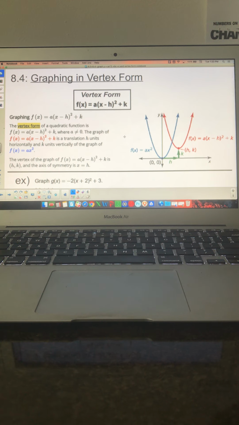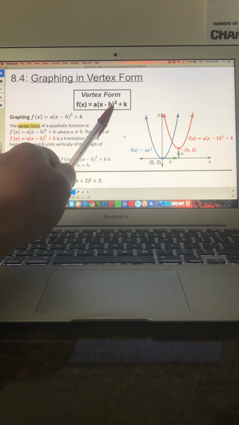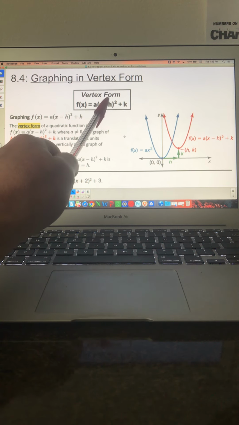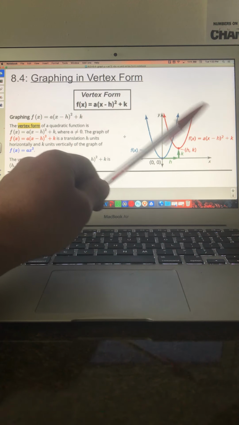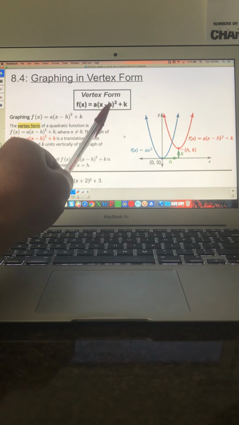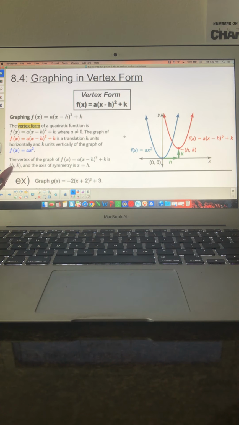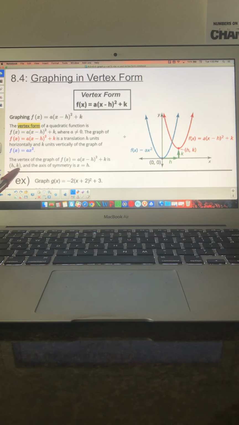Notice that it's X minus H. So in reality, and you'll see as we go through our examples, the number in place of H is going to be the X value of the vertex. The number in place of K is going to be the Y value.